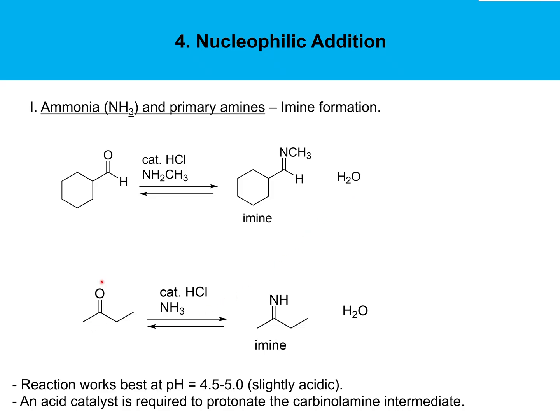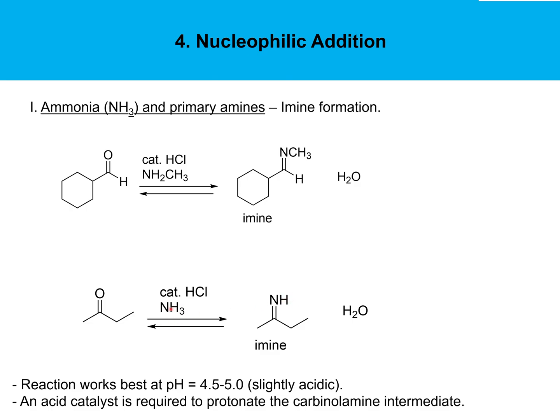Here's another example with a ketone, catalytic amount of HCl, and if we use ammonia, we will get an imine. So notice again, there's a nitrogen to carbon double bond where the carbonyl used to be. In the case of ammonia, instead of having an alkyl group, we have a hydrogen there.